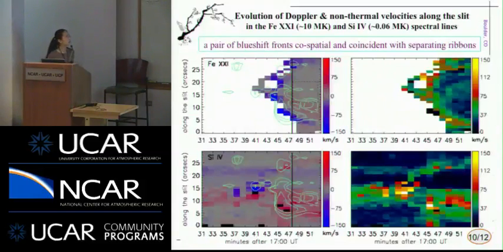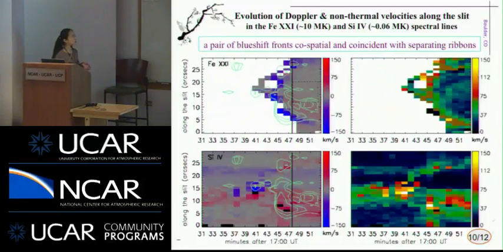We also studied the evolution of chromospheric evaporation during this flare. Here is the time evolution, with the horizontal axis along the slit, of Doppler velocity and non-thermal velocity maps in the iron-21 line and the silicon-4 line.